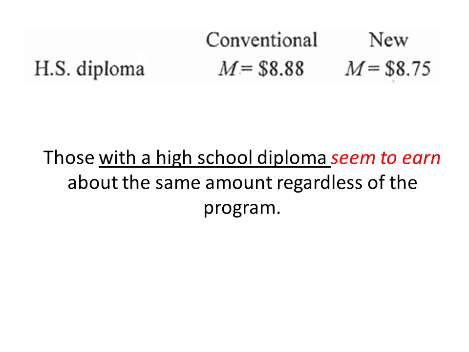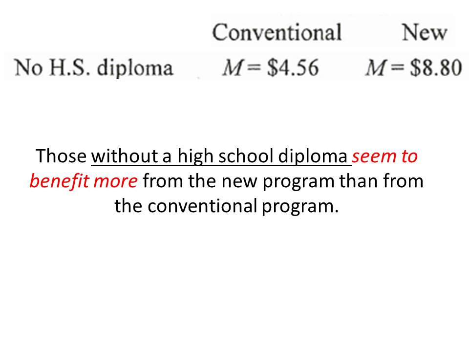We've already talked about two, and now this is a third interesting finding, that those with a high school diploma seem to earn about the same regardless of the program. So it doesn't matter which program they used, and the statement is based on the means for those who have a high school diploma. All right, and that's it.